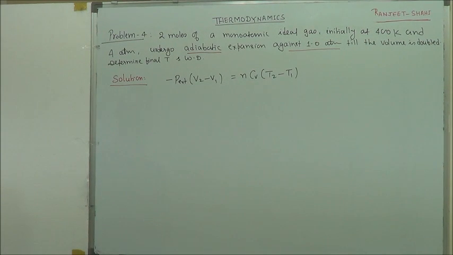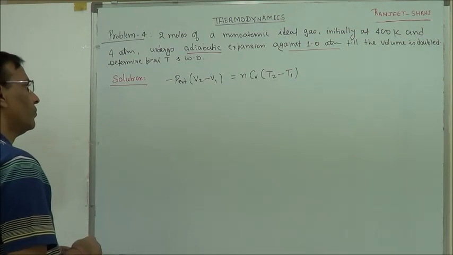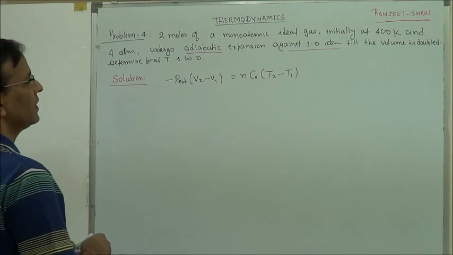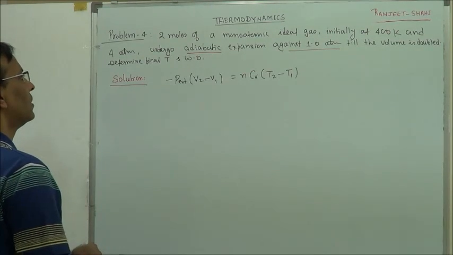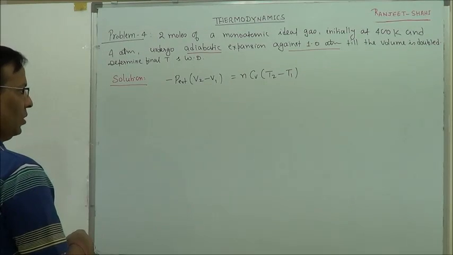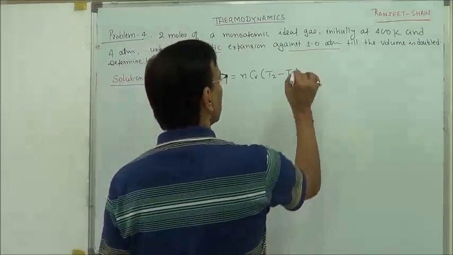Here we'll have to first find out the initial volume, then only we can proceed, since V1 and V2 will have to be used. Let us work out the initial volume.